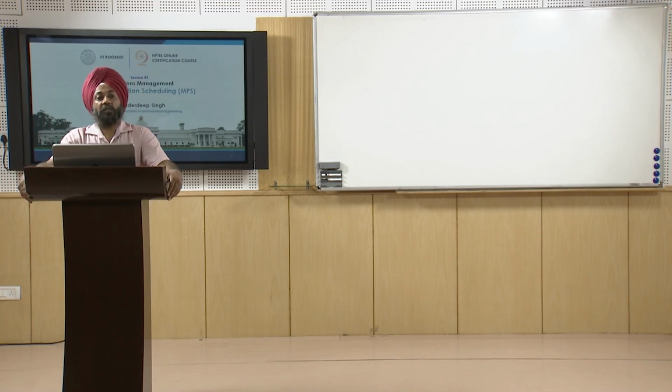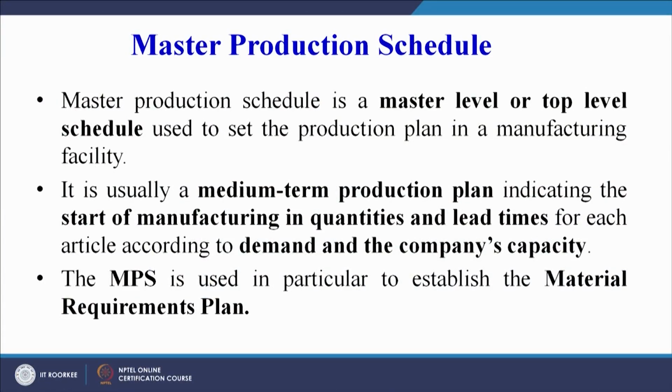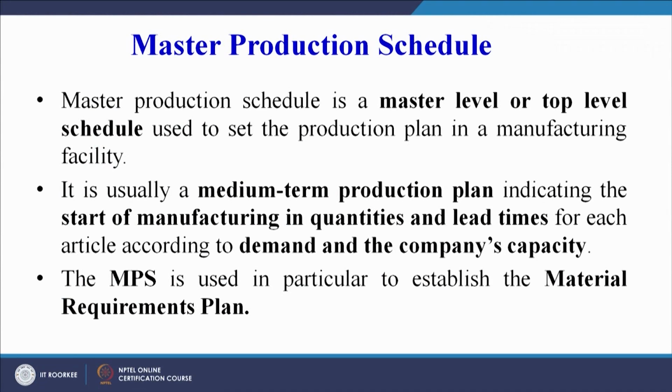A master production schedule is a master level or top level schedule. As I have already told, once our master production schedule is ready, then we go for optimization in terms of sequencing. So it is a higher level of decision making, a strategic level of decision making. The master production schedule is used to set the production plan in a manufacturing facility.